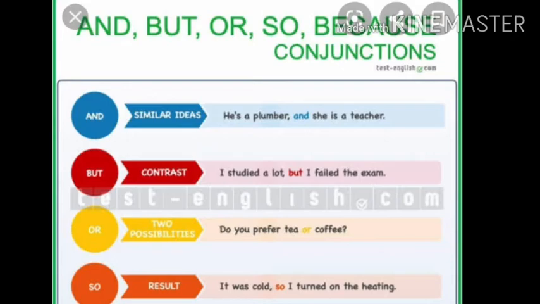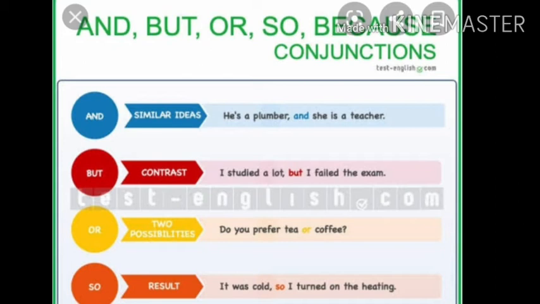Now, as you can see on the screen, and, but, or, so, because are all known as conjunctions. Now, where is and used? You will ask, where is and used? It's a simple equation: for similar ideas. He is a plumber and she is a teacher. Suppose I have a rubber and I have a pencil.